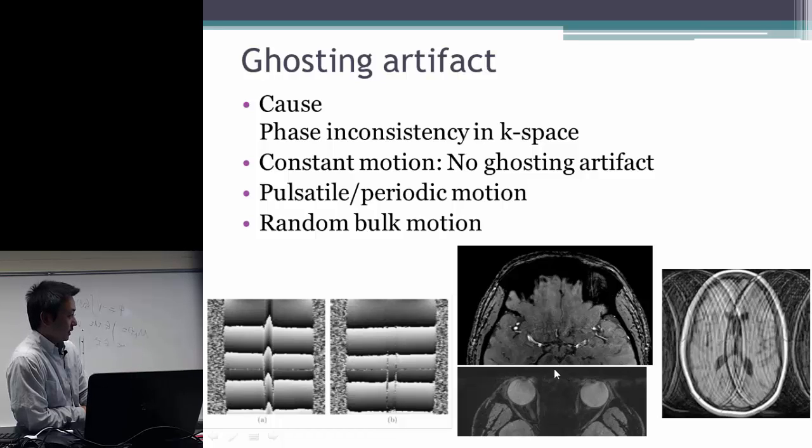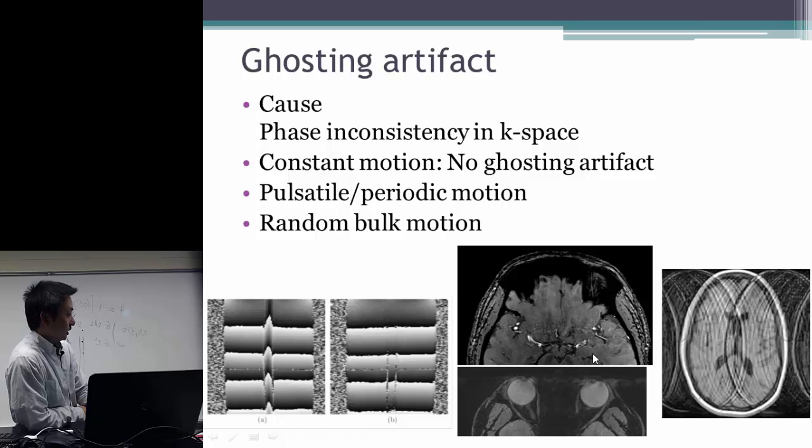So usually, according to these properties, we would set the phase encoding direction along the left and right direction, so that this kind of artifact caused by the eyes does not go into the brain, right?